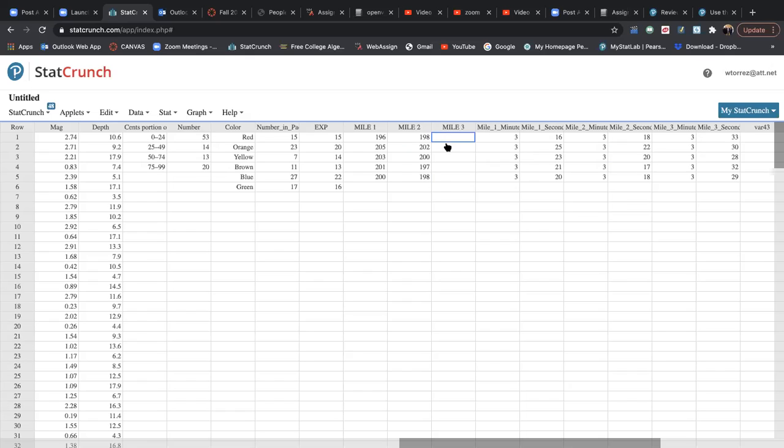And then finally for mile 3, it's 210, 208, 212, let's see, I'm sorry, mile 3, 213. Let me move these down a notch.